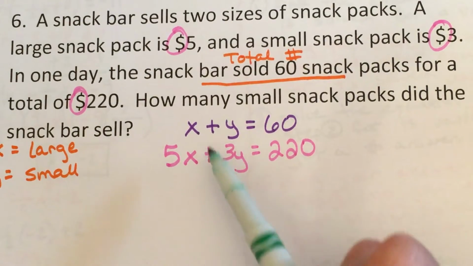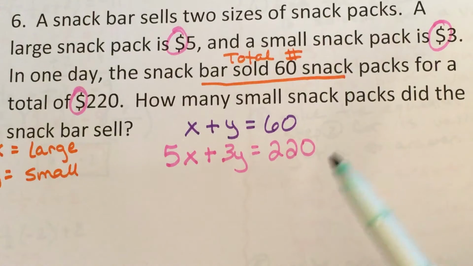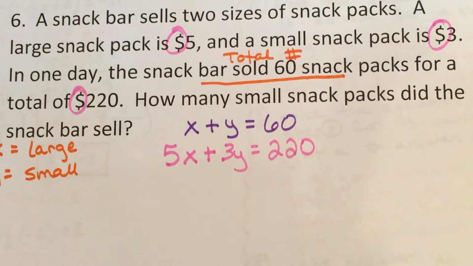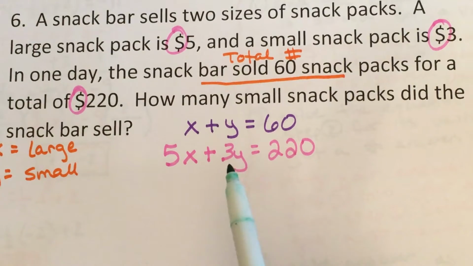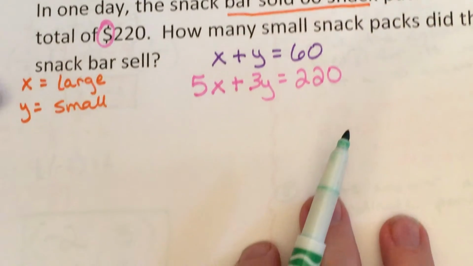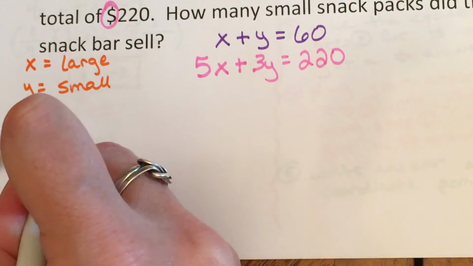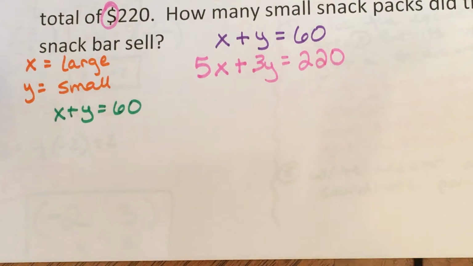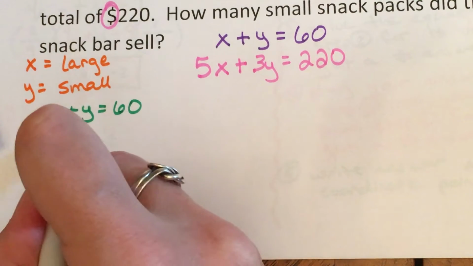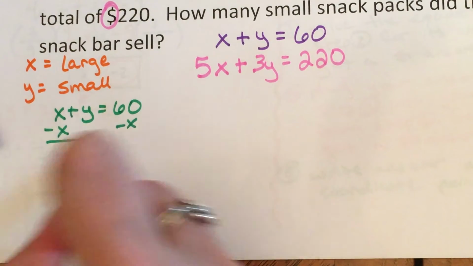So I don't have either one of these equations solved for a variable right now. But I could solve one of them for a variable, and that wouldn't be too hard. So let's do that. If I took the x plus y equals 60 equation, and I solved for y, I would subtract the x on both sides.